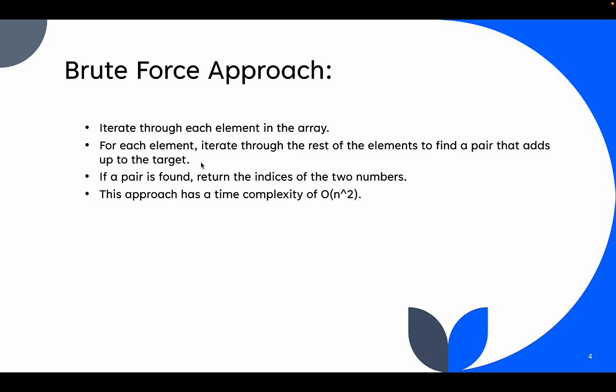This process is repeated for all pairs of elements in the array until a valid pair is found. Once a pair is found, we need to return the indices of the two numbers. While the brute force approach guarantees finding a solution if one exists, it can be inefficient for larger problem sizes.